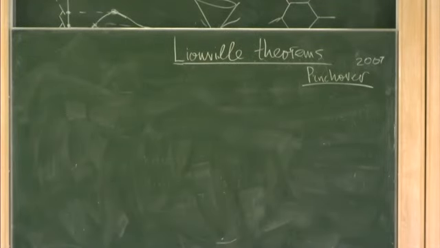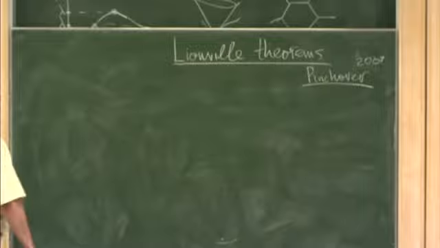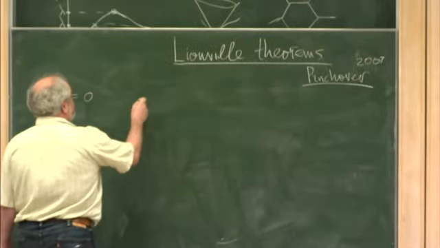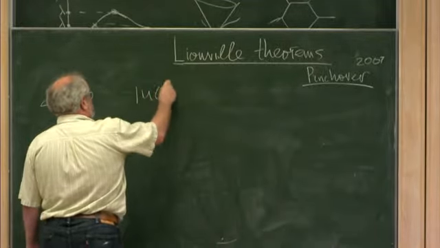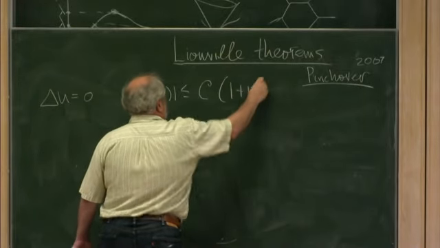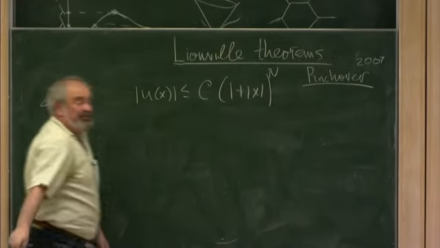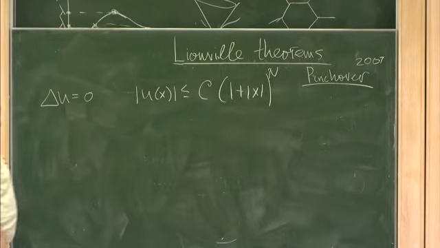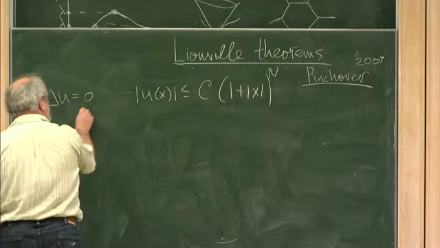Everyone knows Liouville theorems from complex analysis, probably from the theory of harmonic functions: if you have in R^n a harmonic function which grows not faster than a polynomial, it is a polynomial. It is a harmonic polynomial, and the dimension of those is exactly known.